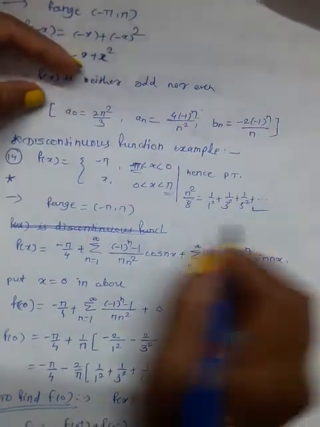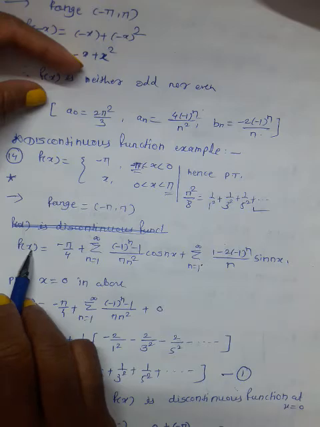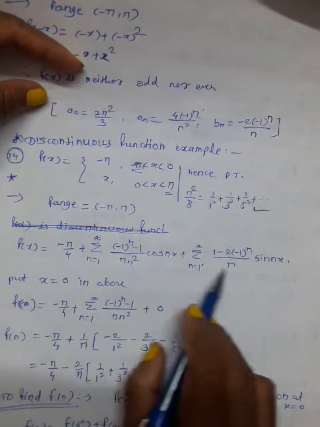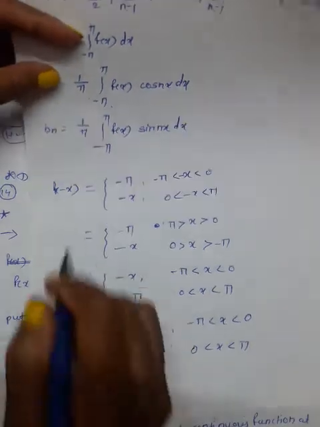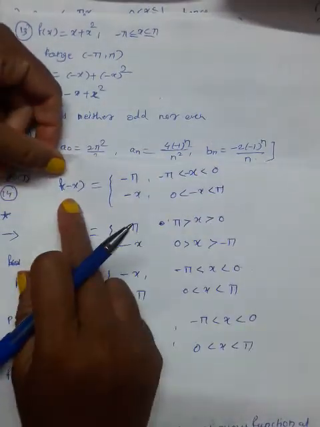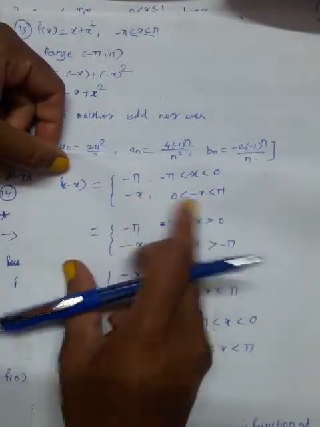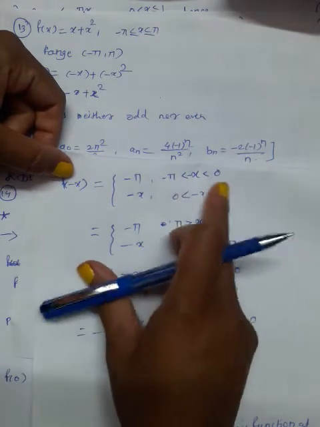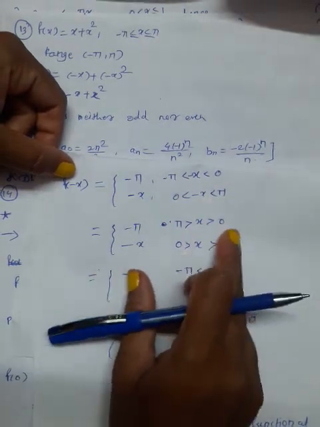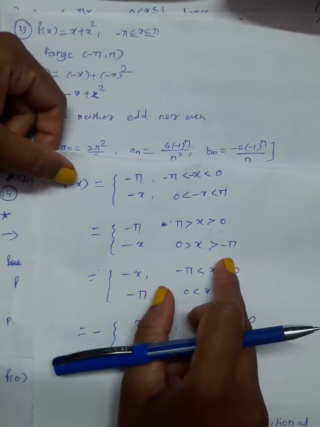Let us start with the range minus pi to pi. The function f(x) is given by this. Let us see whether the function is even or odd first. In this range, f of minus x is minus x everywhere. Now take this minus, multiply both sides, we get pi greater than x greater than 0, 0 greater than x greater than minus pi.